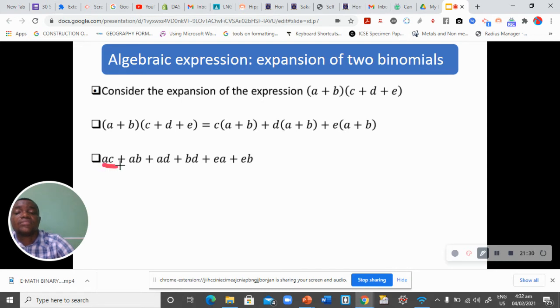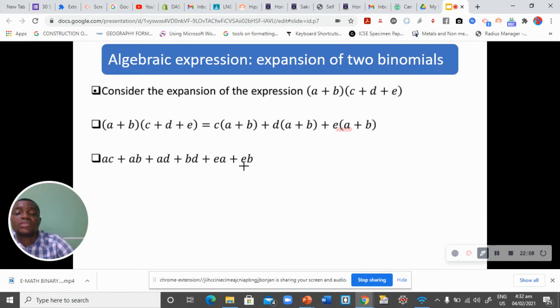So let's go. a times c is ac, c times b is cb. Then d times a will be ad. Then d times b will be bd. Then e will multiply this, that is ea.